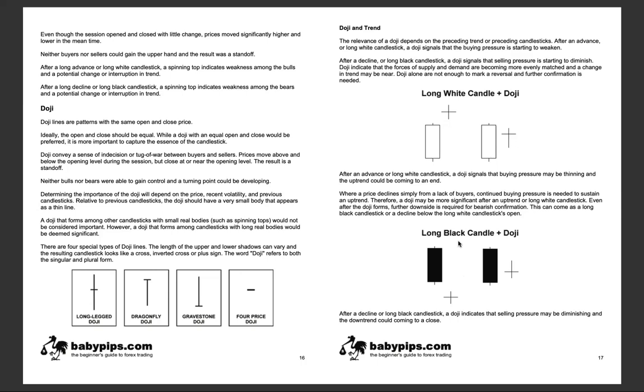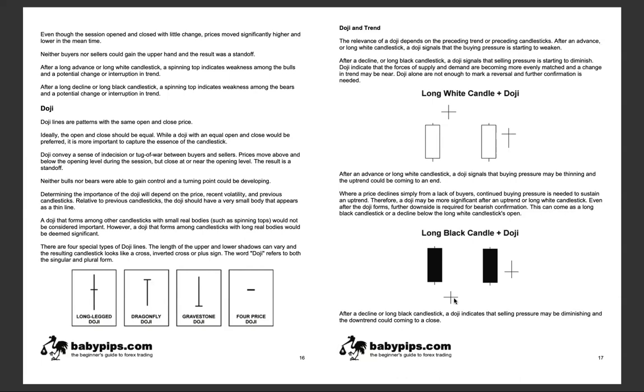Okay, so the same thing for the black one. The black ones, this one, which is bearish: whenever you see a candle formation like this plus a doji, it means the sellers are starting to weaken, or the selling pressure is failing.